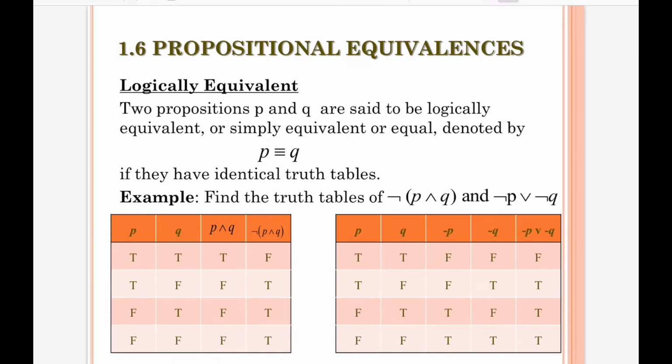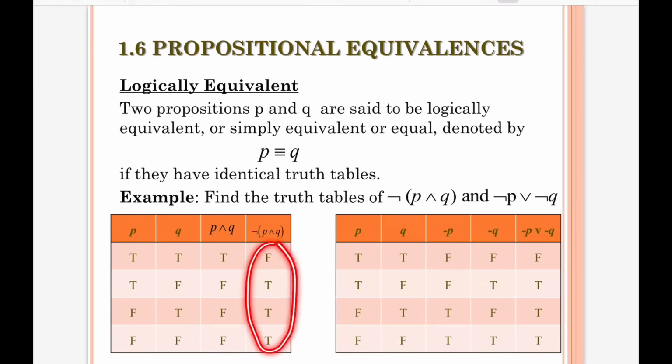You can see you have two different propositions: negation of P and Q, and negation P or negation Q. When you create your truth table, you can see that these two propositions are logically equivalent.